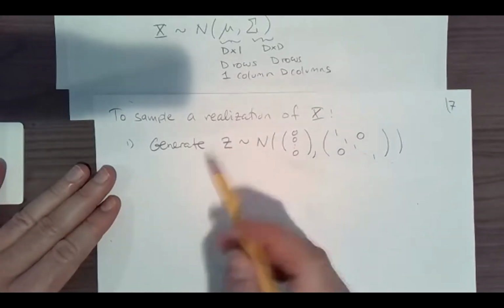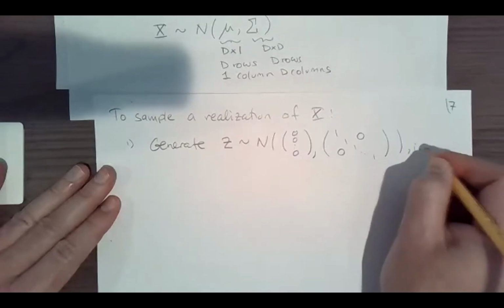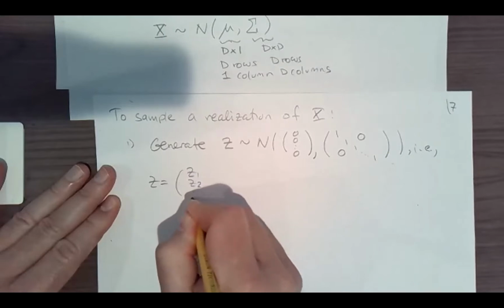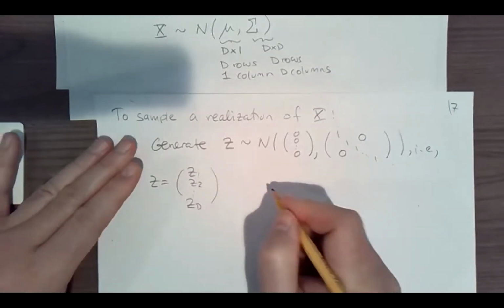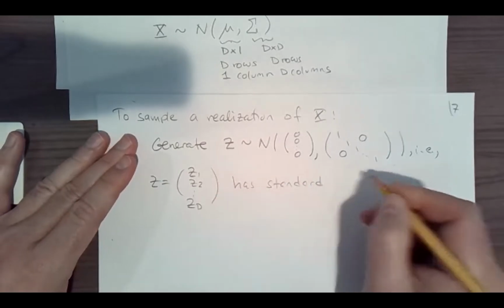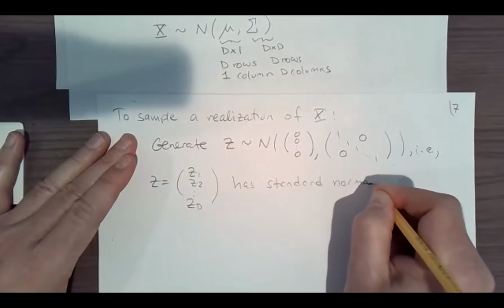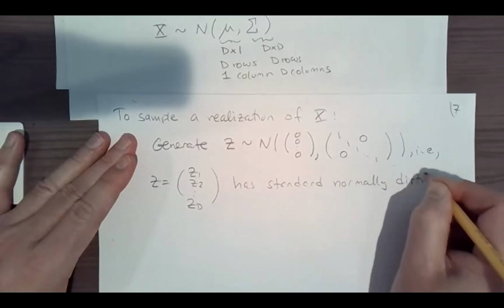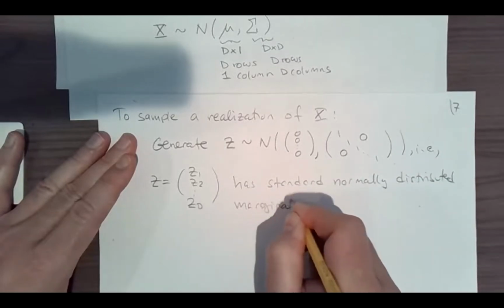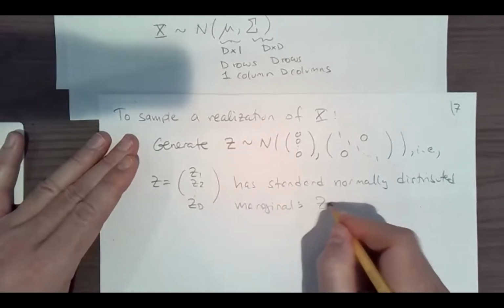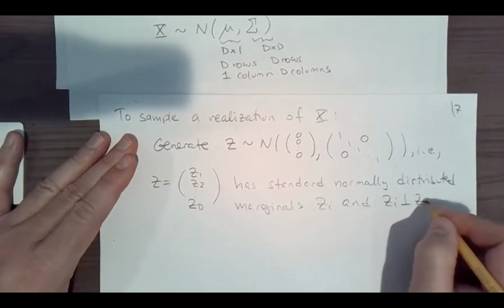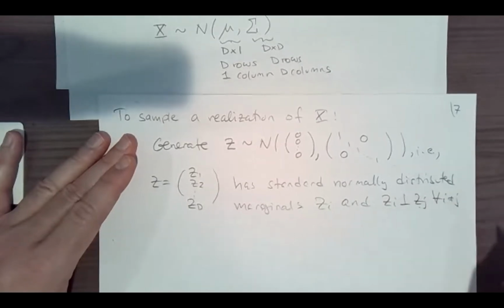That means Z of the form Z1, Z2, down to Zd has standard normally distributed marginals, and Zi is independent of Zj for any i not equal to j.